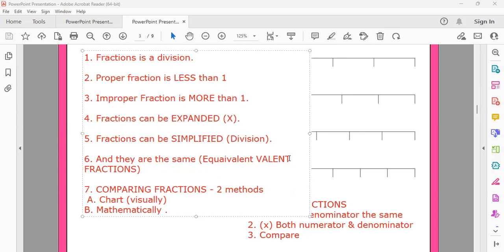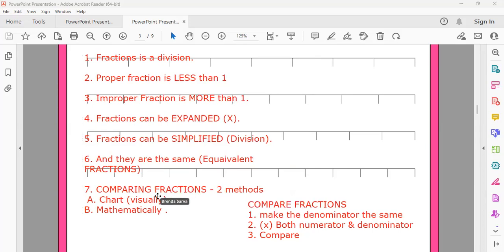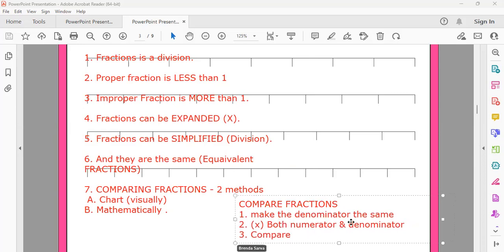Okay, equivalent fractions, comparing fractions, more or less: use the chart or do it mathematically. First of all, make the denominator the same by multiplying both numerator and denominator so that you get the same denominator, then compare them.